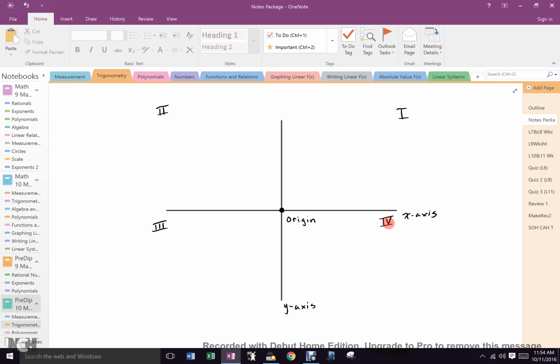Now, in quadrant 1, our coordinates x, y are always positive. Okay, so what are they in quadrant 2? X is negative, y is positive. In quadrant 3? Negative, negative. And in quadrant 4? Positive, negative.